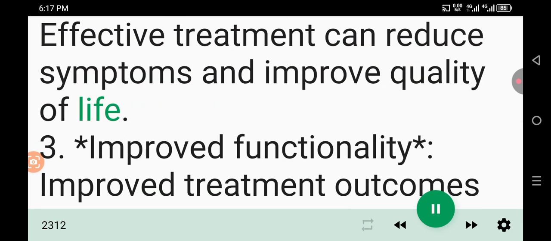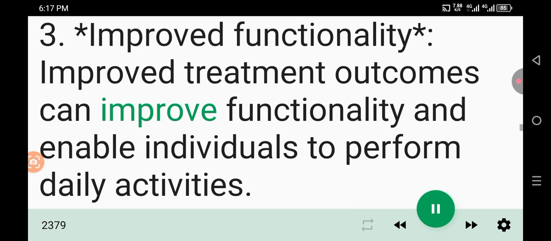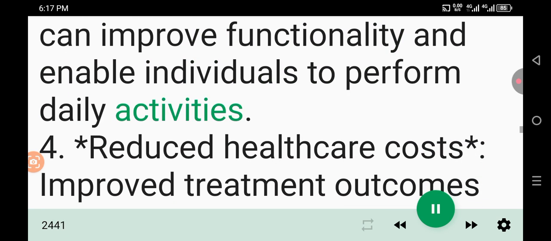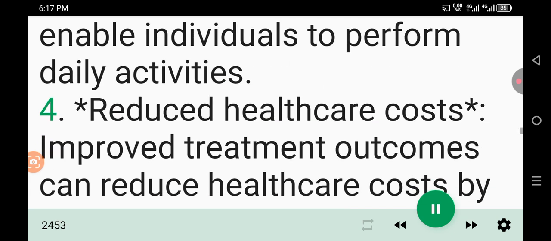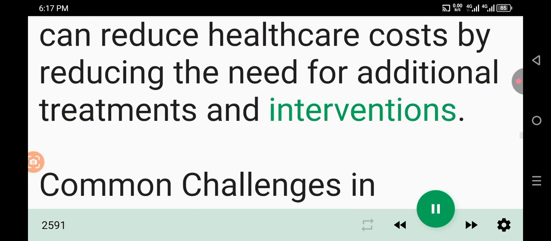Effective treatment can reduce symptoms and improve quality of life. 3. Improved functionality. Improved treatment outcomes can improve functionality and enable individuals to perform daily activities. 4. Reduced healthcare costs. Improved treatment outcomes can reduce healthcare costs by reducing the need for additional treatments and interventions.